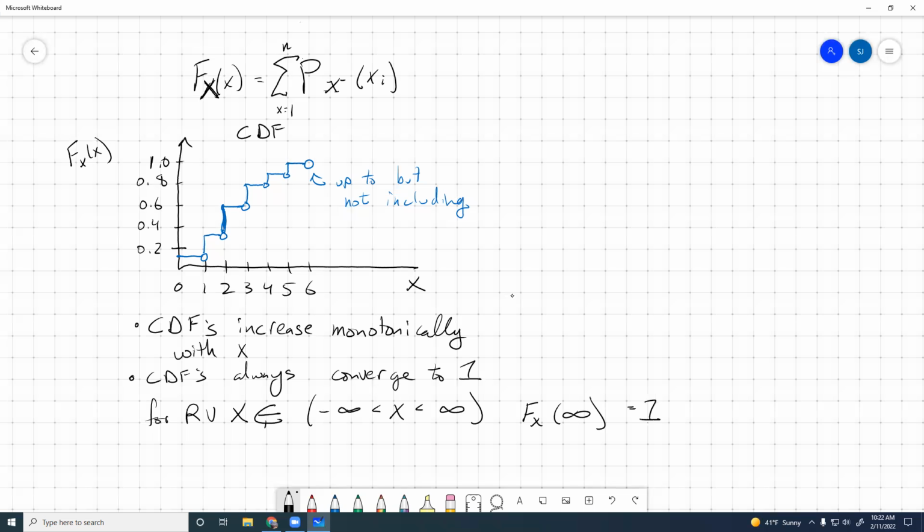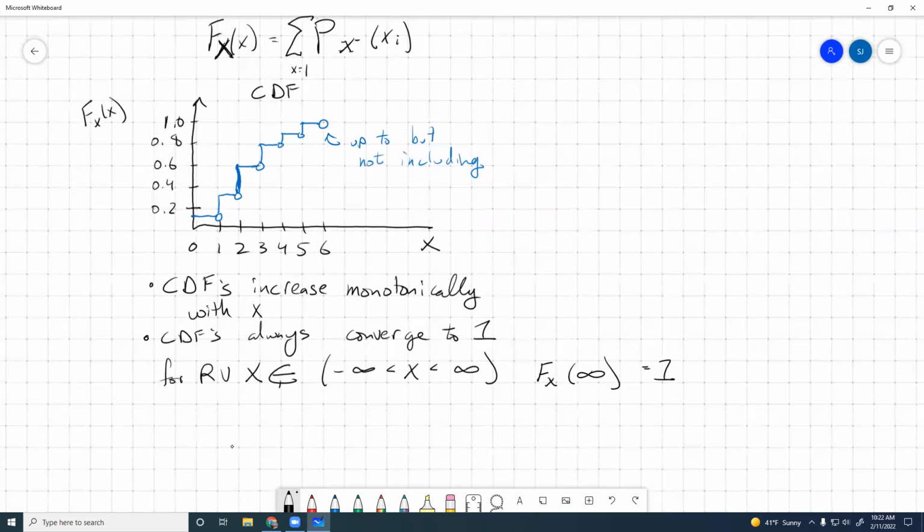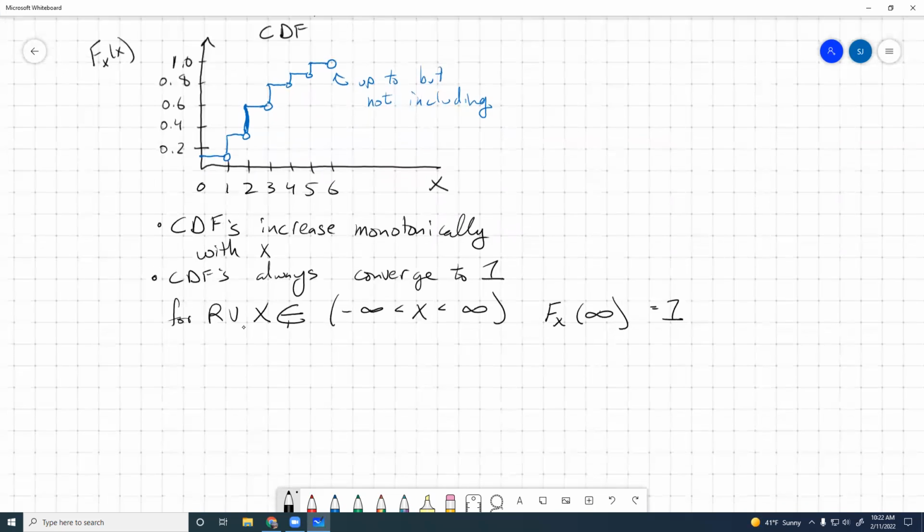This makes more sense when you look at continuous functions. Eventually, you're going to get 1 at the end, the most extreme value of X. In this case, X only went up to 5, I think. Okay, so that is the distributions for discrete variables.